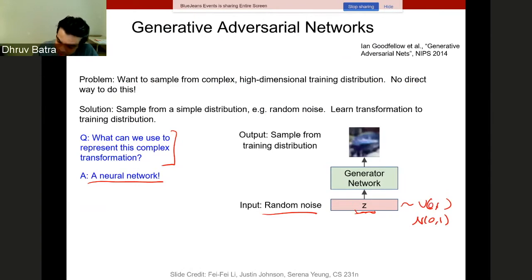And notice that this doesn't actually have to be a scalar. Z can be a vector, so there can be multiple dimensions of Z, Z1 through Zd, each one of them Gaussian or uniform. Then there is a neural network that will produce an output which is X, and I'm going to treat it as a sample from my training distribution.